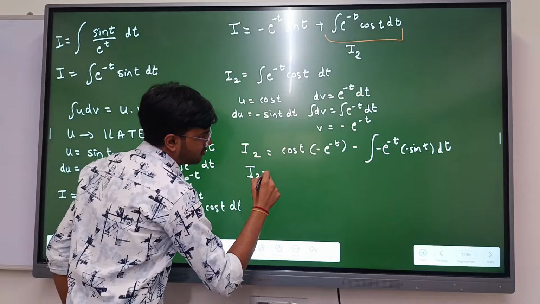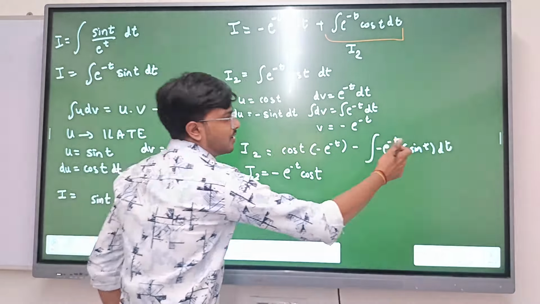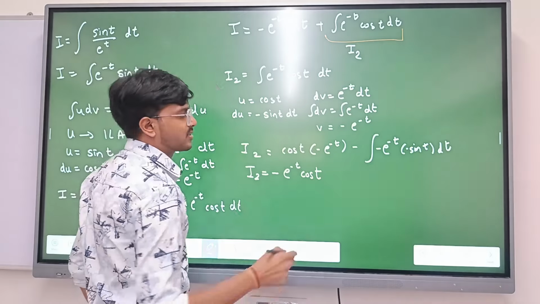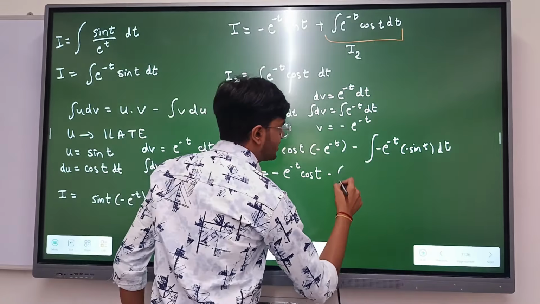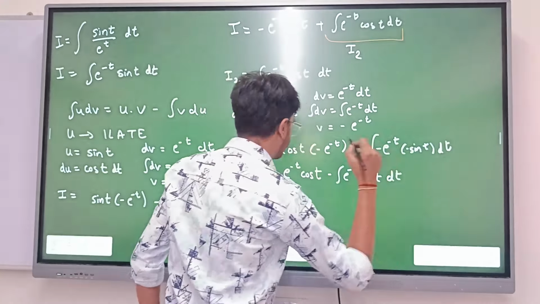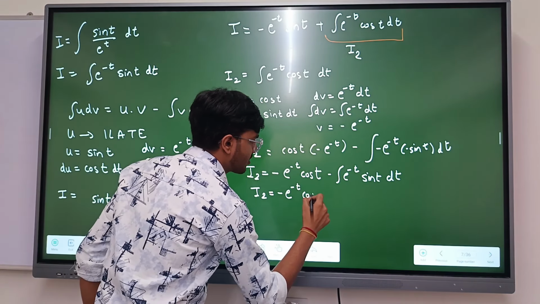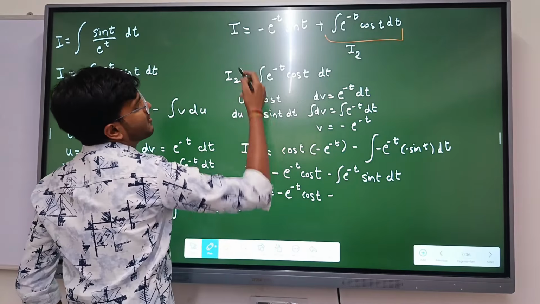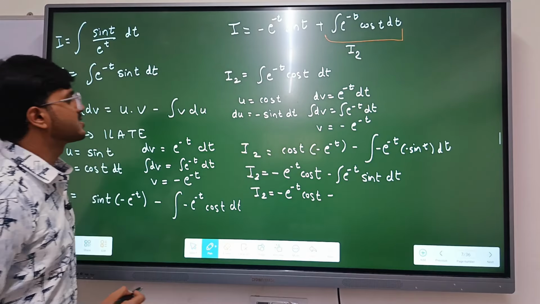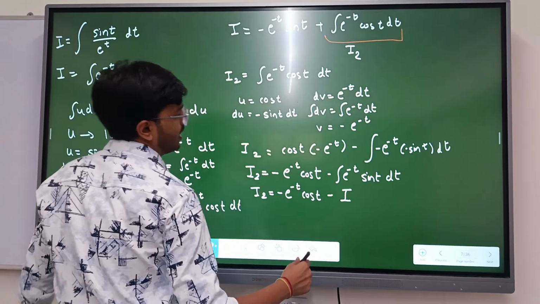I2 would be minus e^(-t) cos t, and the minuses combine, so it will become just minus integration e^(-t) sin t dt. So I2 is minus e^(-t) cos t minus this value. What is this e^(-t) sin t? It is the same as I. So I2 is this minus I.